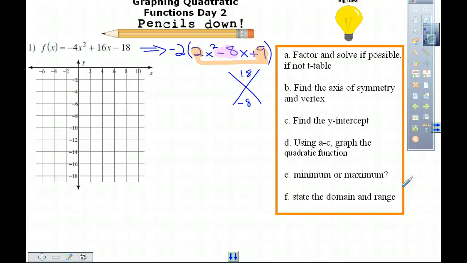What are those two? Then 6 and negative 3 adds to negative 9. That's not negative 8.